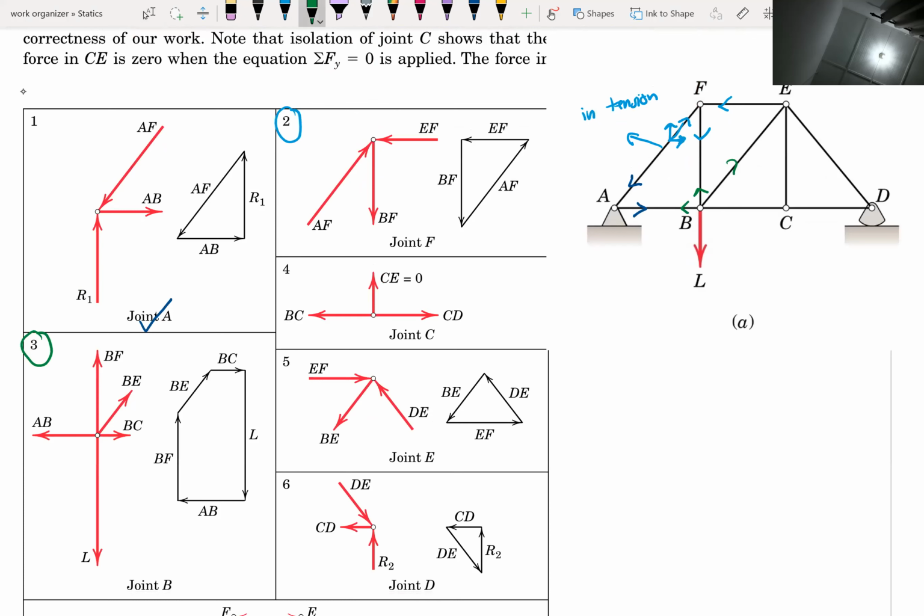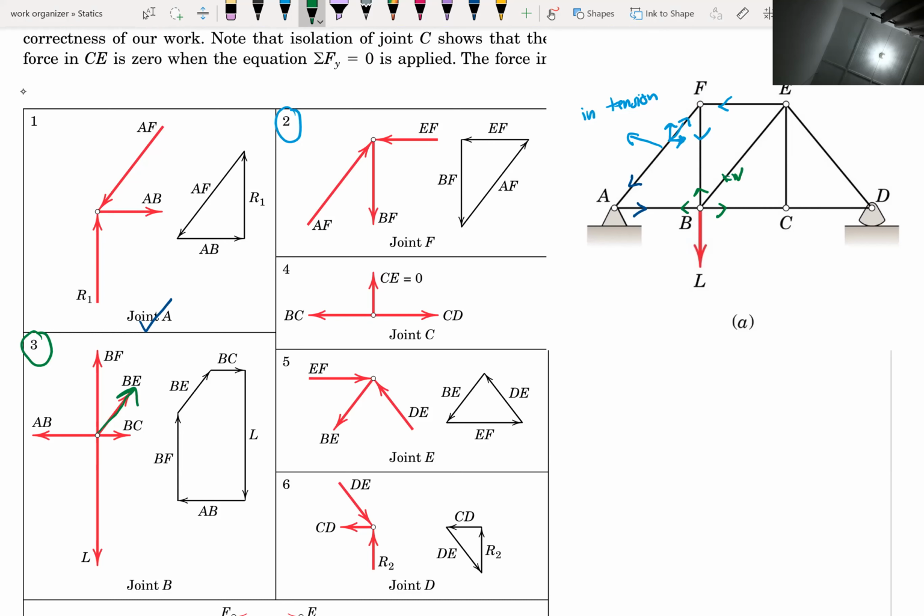We don't know this one and this one. This one is left, and this one should be to the right. For this one, according to the book, it is going upward. Since we don't know, I just KIV here.